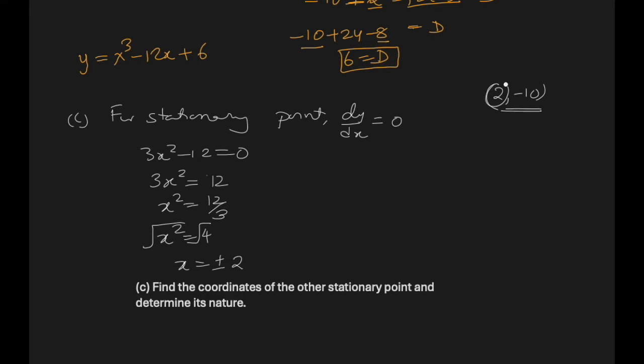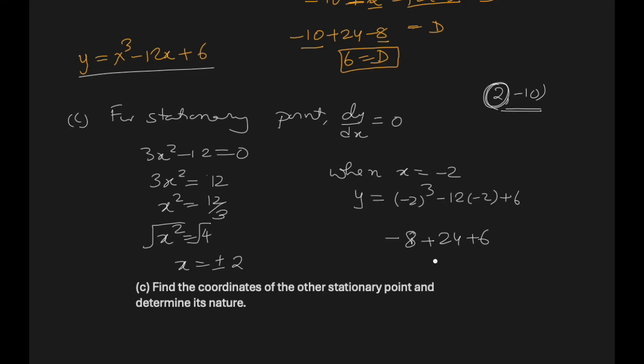Plus 2 is already known to us. Now we can find the other one. When x is minus 2, we'll use the equation we got here. Y is equal to minus 2 cube minus 12 times minus 2 plus 6, which is minus 8, right, plus 24 plus 6, which is 22.